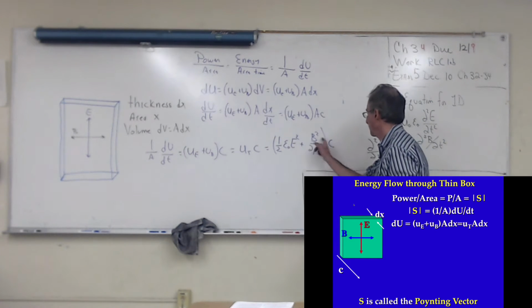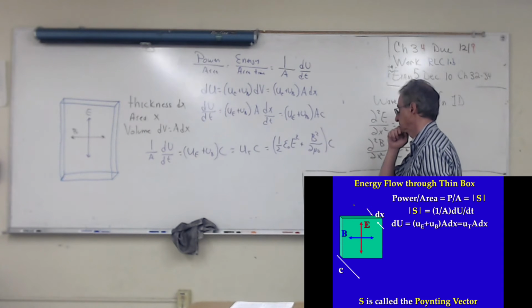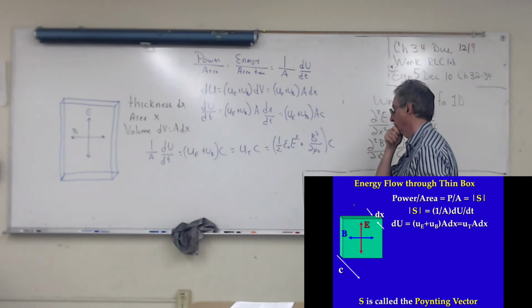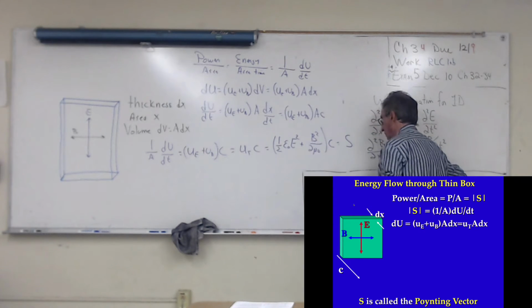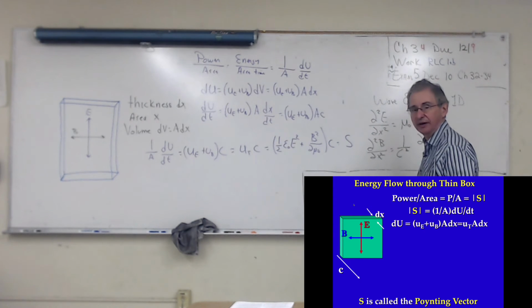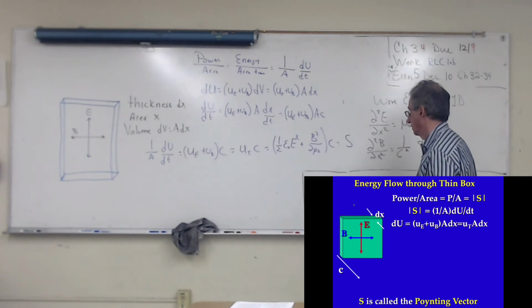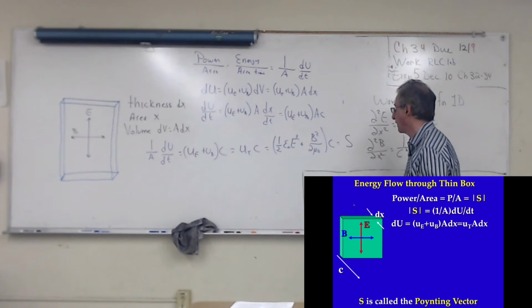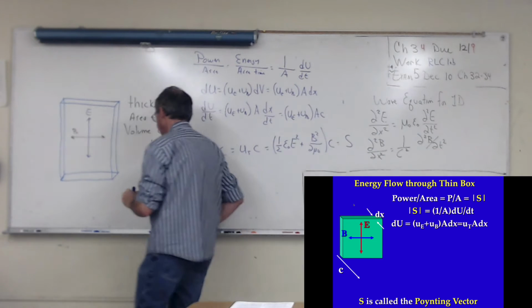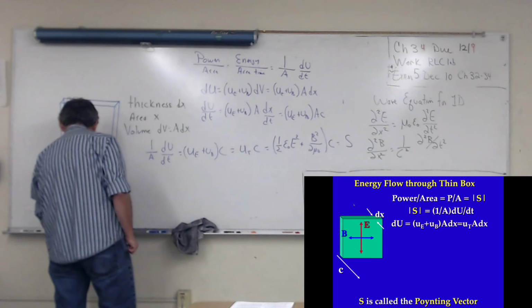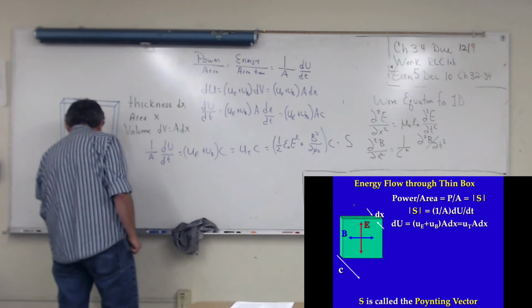Because the energy is going to oscillate between these two. And let me call this S. Now I can rewrite this because we know that B is equal to the electric field over the speed of light.